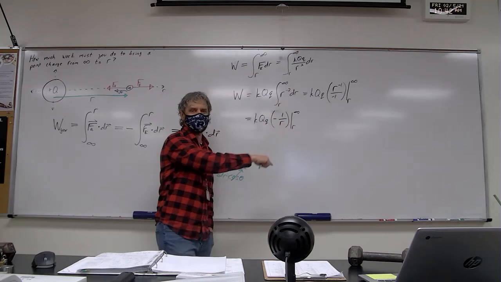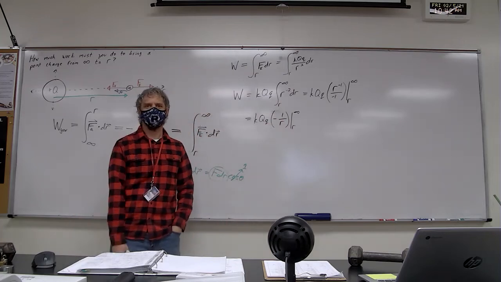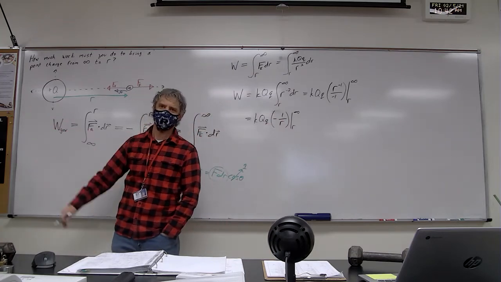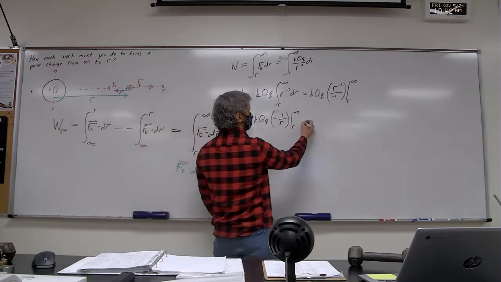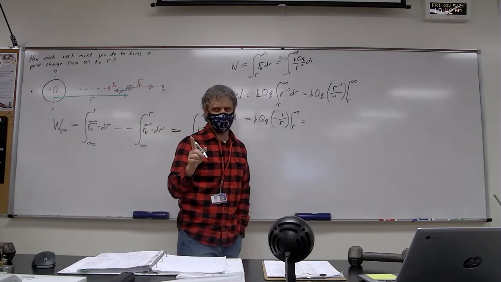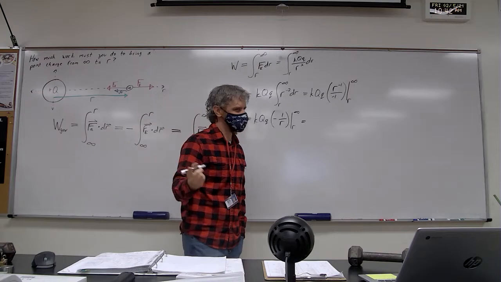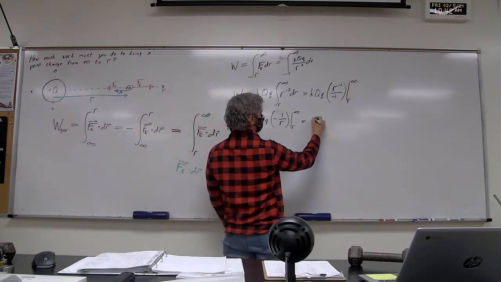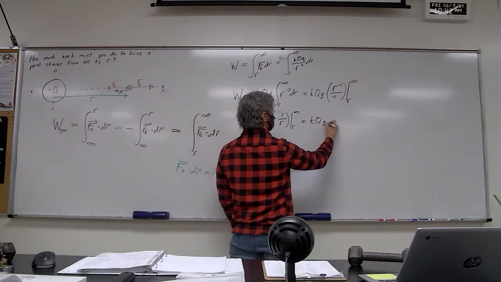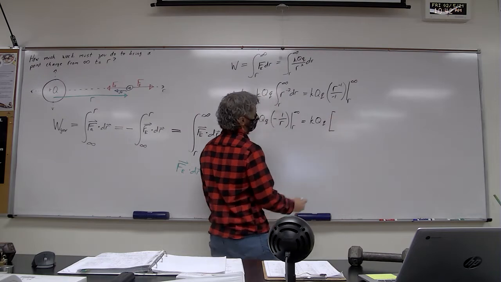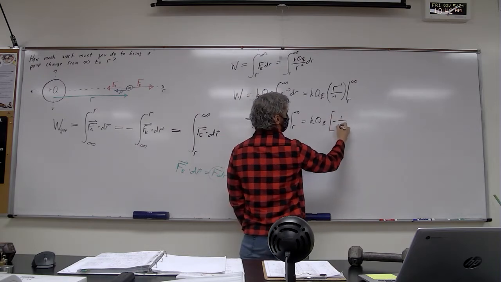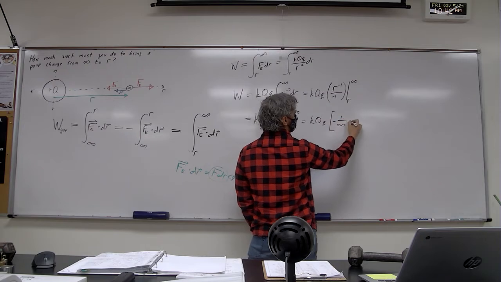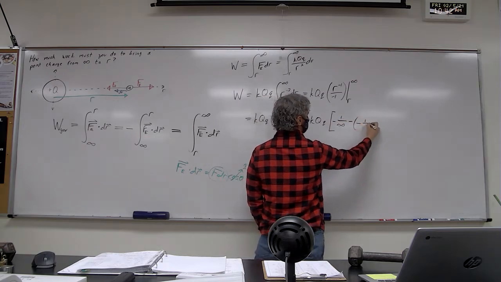Because I can put infinity in the denominator, because anything divided by infinity approaches what? 0. You don't want to say equals 0, because infinity is really not a number. So it's going to be k big Q little q times negative 1 over infinity minus negative 1 over r.